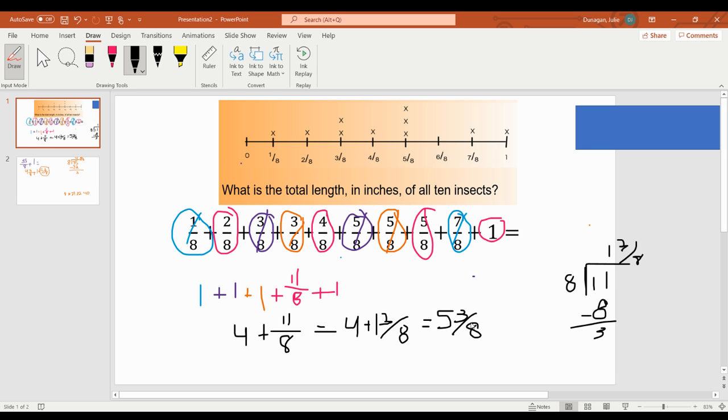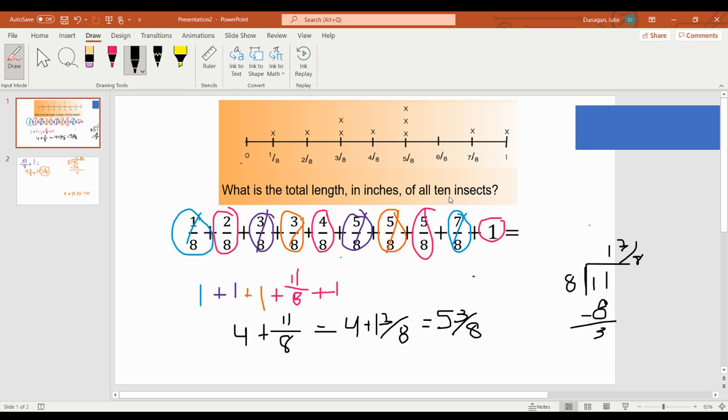So remember, we can make our list and add them all up, okay, or we can look for two fractions that would give us a whole, such as 7/8 plus 1/8, 3/8 plus 5/8. That's just another strategy.